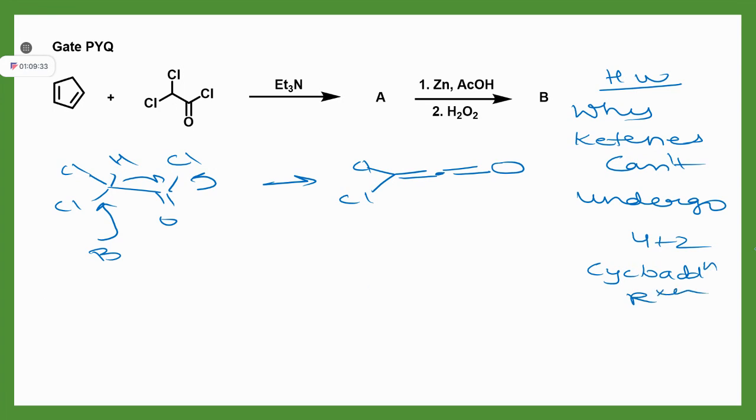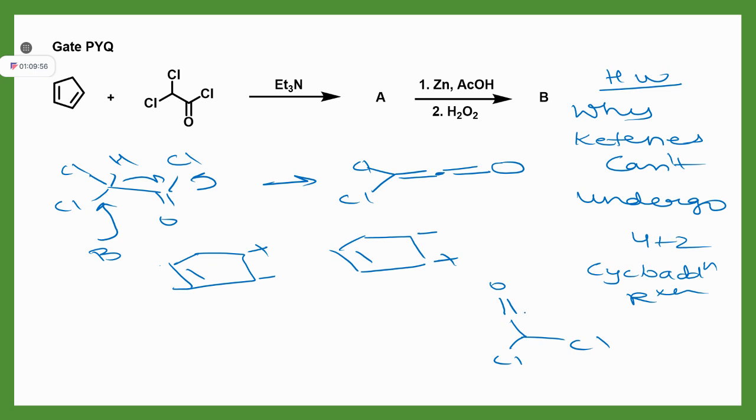Okay. So let's say now they are saying, now there are two possibilities. And in ketene case, it is clear to everyone that this is going to be your positive or negative.